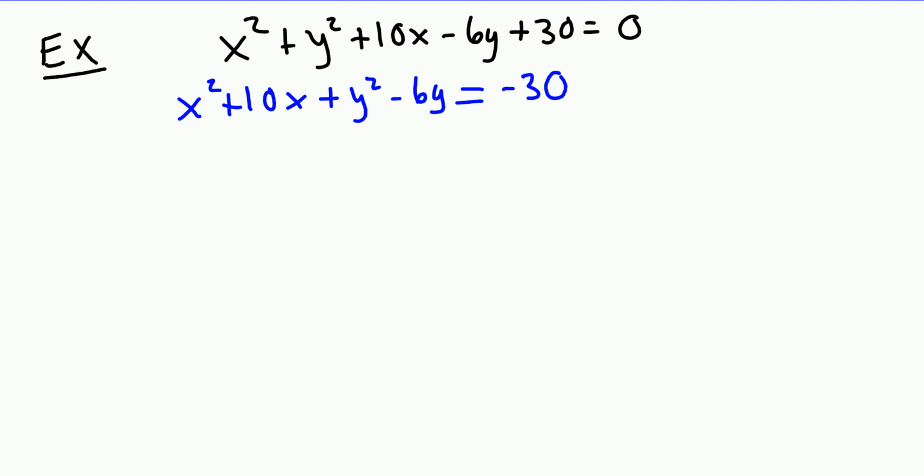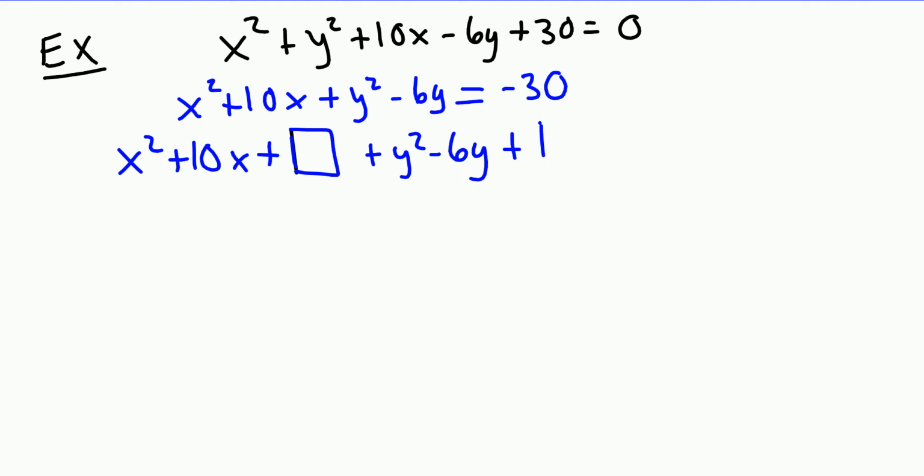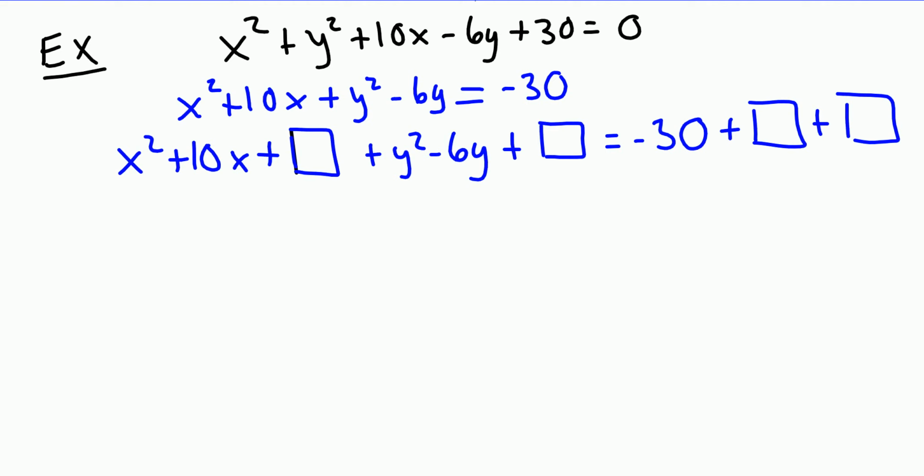Alrighty. Add in the boxes. Okay, and then we are going to complete the square. Parentheses, bring down your variable. Half of 10 is 5.